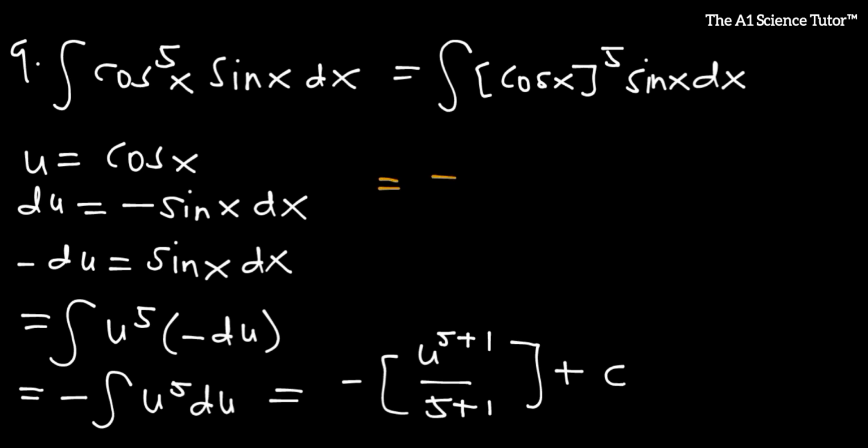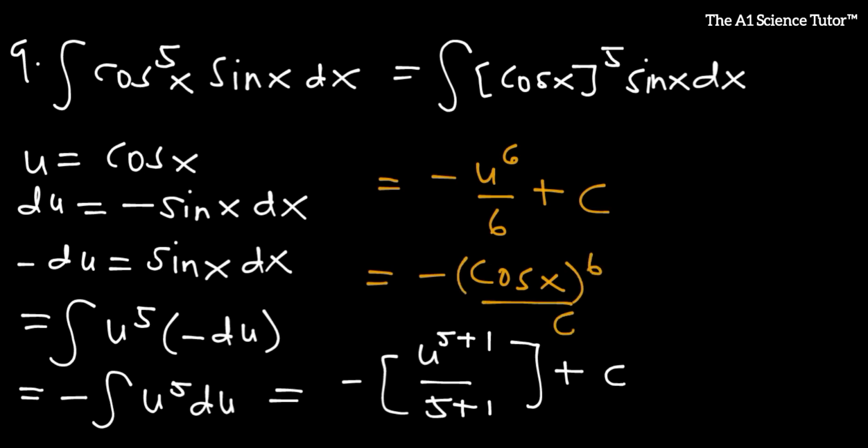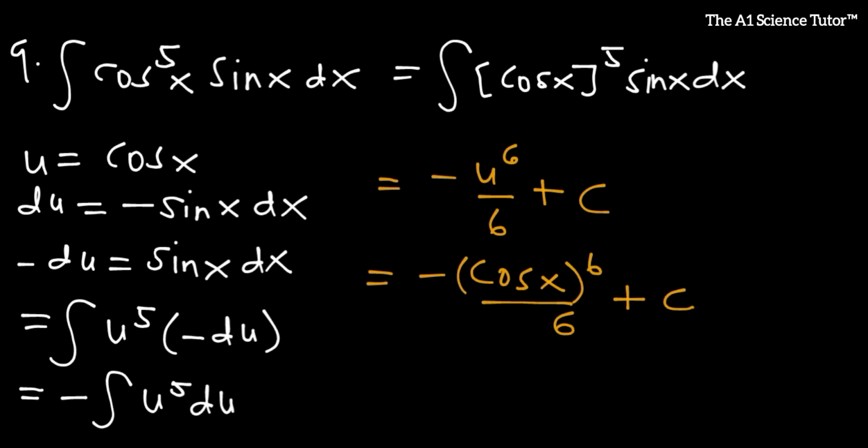So we should have negative u to the 6th divided by 6 plus c. Of course, we know u is equal to cosine x, so I just need to write cosine x, and this should all be raised to the power of 6. And finally, this should be negative 1 over 6 cosine to the 6th of x plus c. So that is the answer to that question.